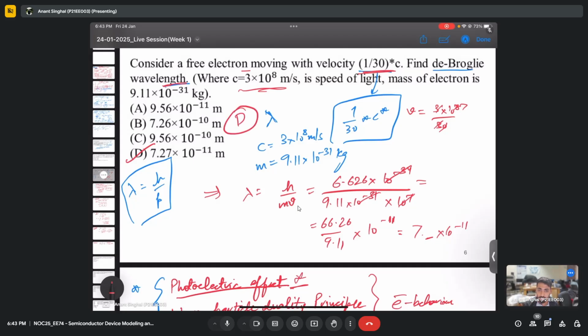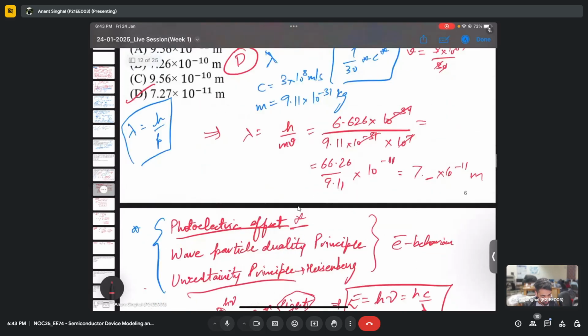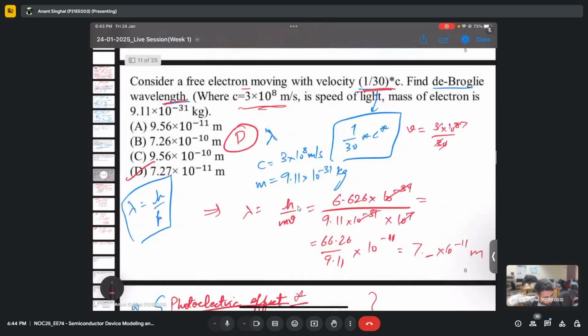Any doubts? No, sir. Okay. Here we are taking the non-relativistic case. See, we are not talking about effective mass here, if this is what you are saying, because the question specifically said that the mass of the electron is this.